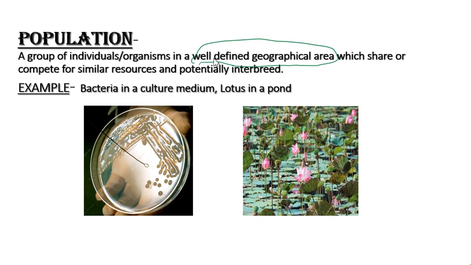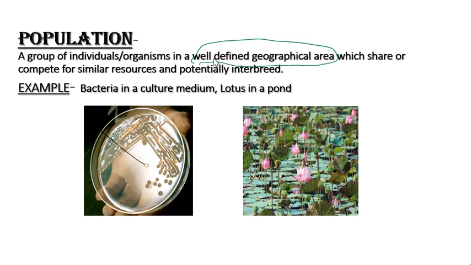Now, which share or compete for what? For similar resources and potentially interbreed. Similar resources means, see, you and I, we both are humans, right? You are living in this ecology, I am also living. You and I both are competing for what? Similar resources.